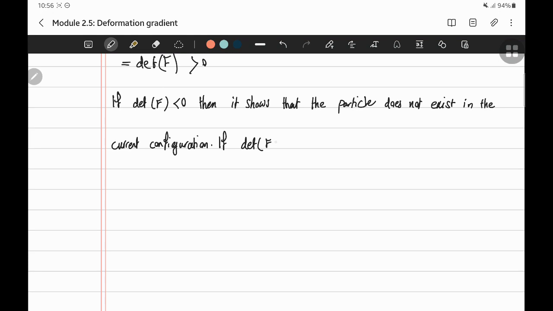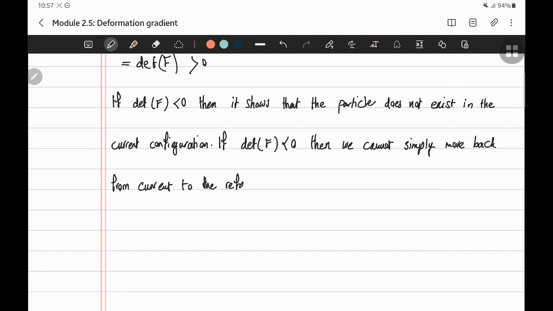If the determinant of F is less than 0 or negative, then we cannot simply move back from the current configuration to the reference.